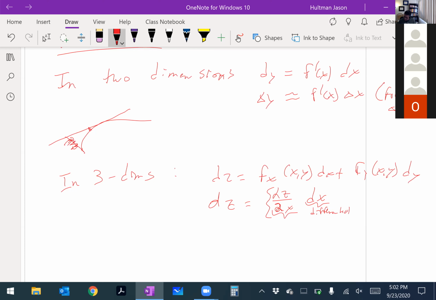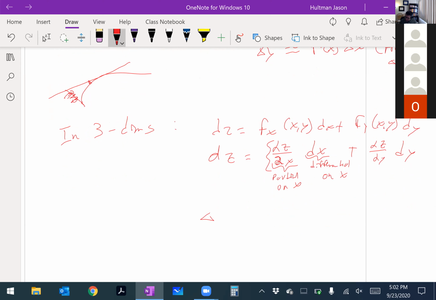This is a partial on x. That's the differential on x. Differential on x, partial on x. Try to not get them confused. Plus the partial with respect to y, dy.